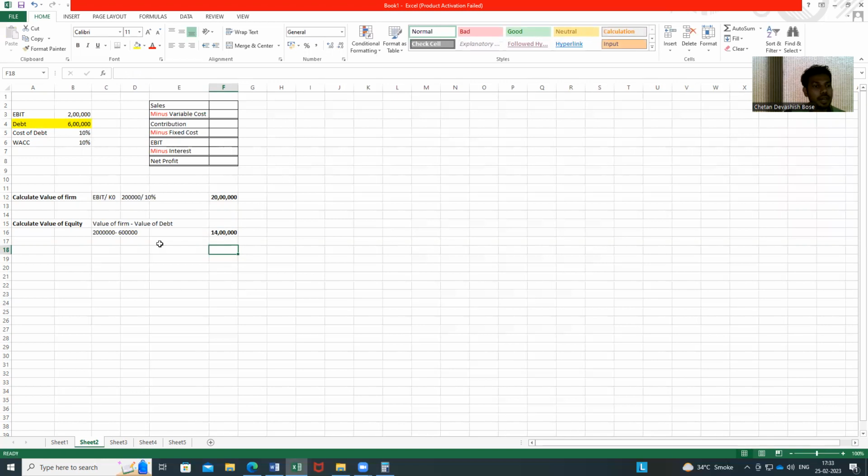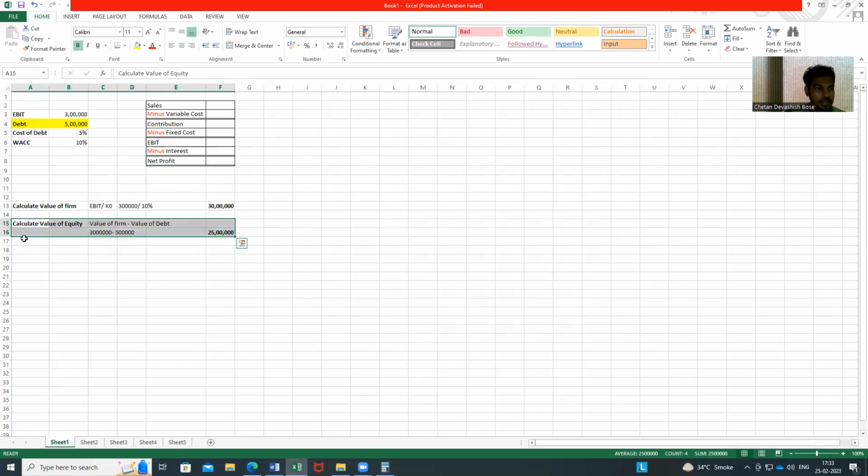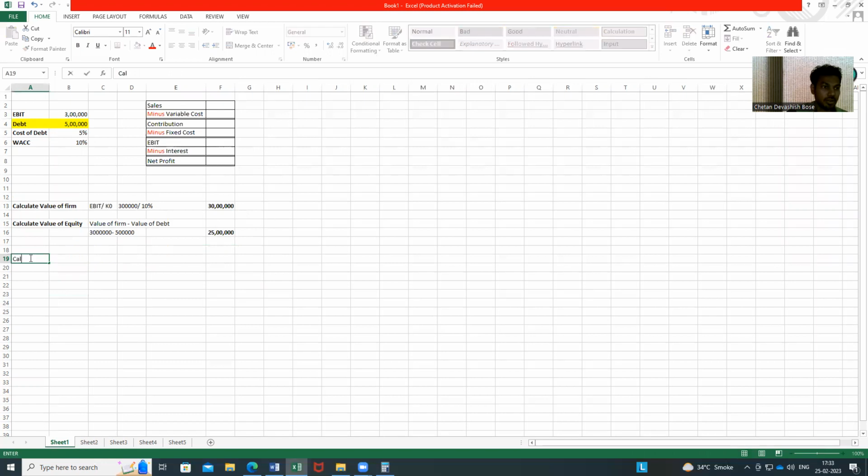Simple. Now, this is another question. Apart from calculating value of firm, value of equity, they may also ask us to calculate net income. Value of firm done, value of equity, value of debt is given. Now, how will you calculate net income?